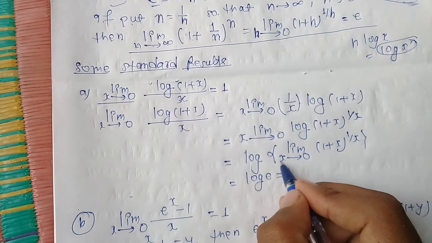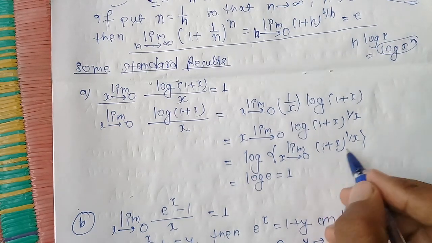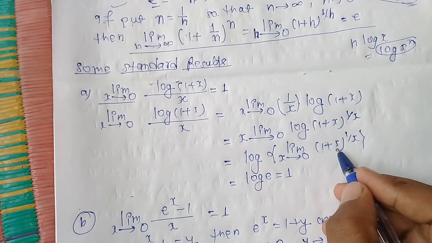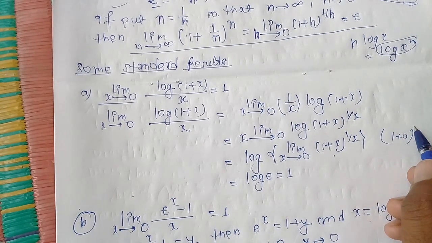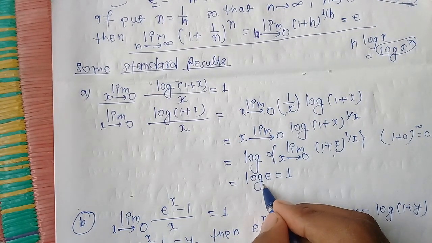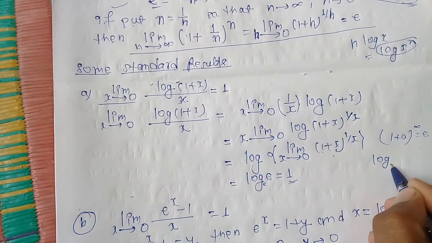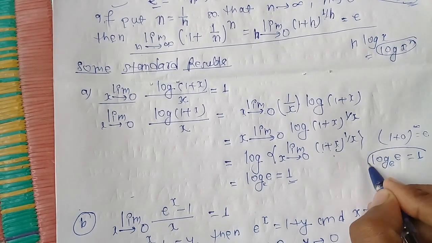Now log of limit x tends to 0 of (1 plus x) to the power 1 by x is of the form 1 plus 0 to the power infinity. That gives e, so the base is log e, the natural log, which gives you 1.